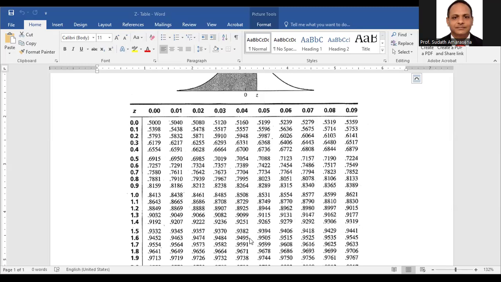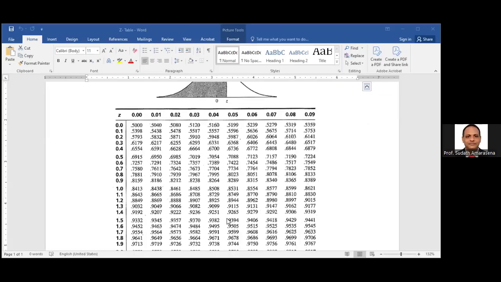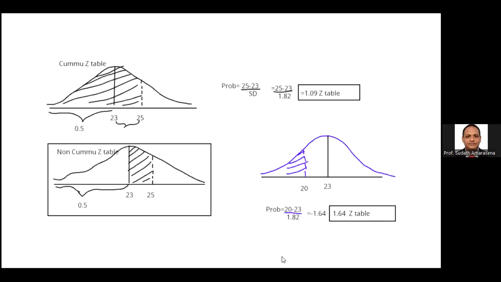Then how do we identify the correct probability value? Because of the minus, right? We use a cumulative Z table, so it already includes the 0.5. Then how are we going to identify the correct probability value?